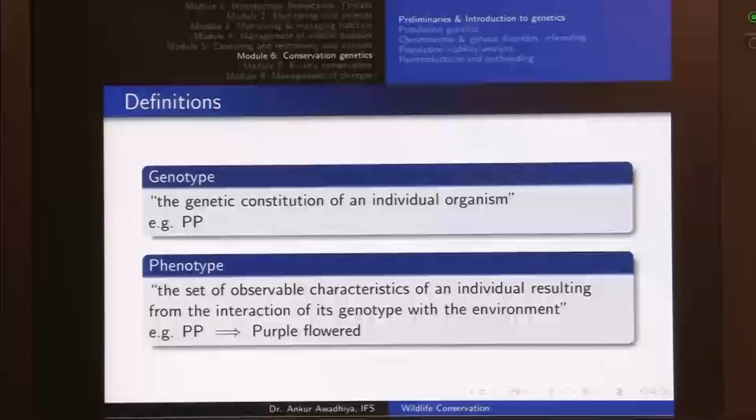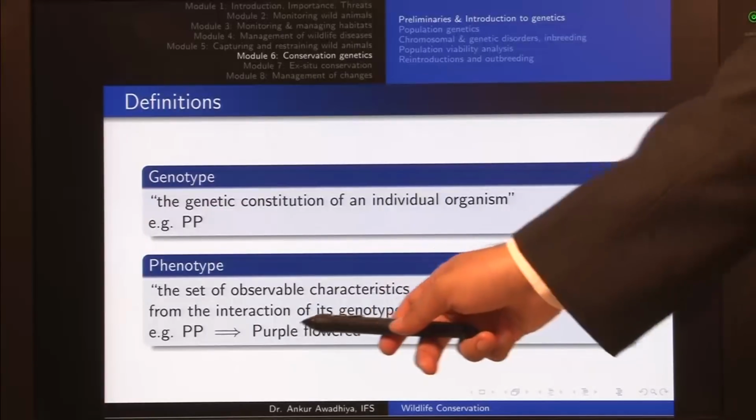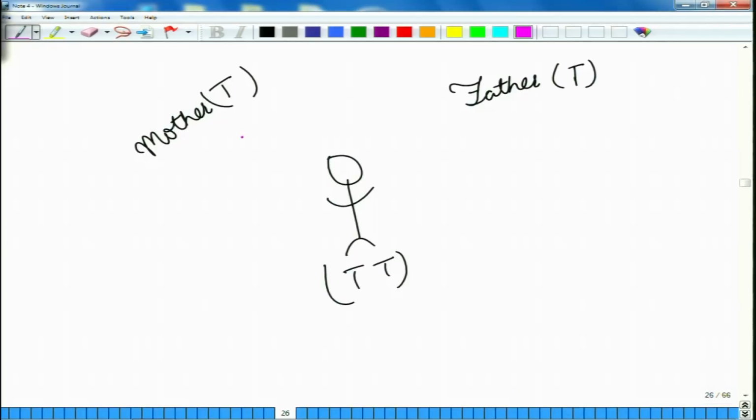So which is why we say that phenotype is the observable characteristics of the individual resulting from the interaction of its genotype with the environment. Now on the other hand, if this individual had a short mother and a short father, and its genetic constitution was also coding for a short individual, then even if you provide this individual with lots and lots of nutrients, this individual would not grow up to be a tall individual.